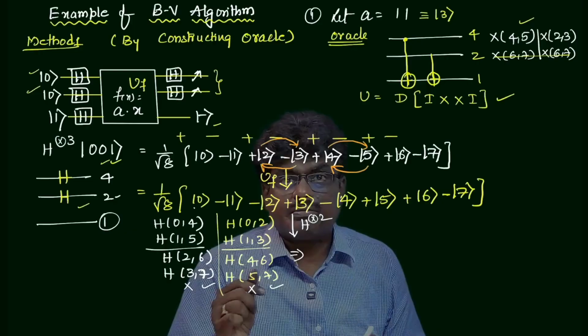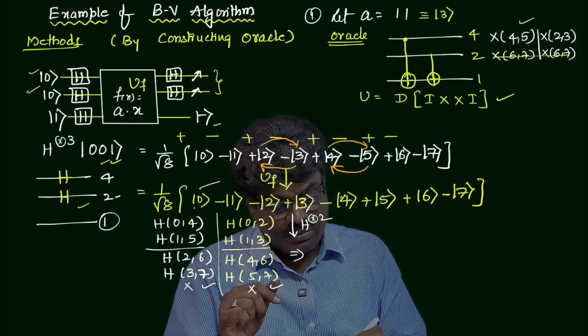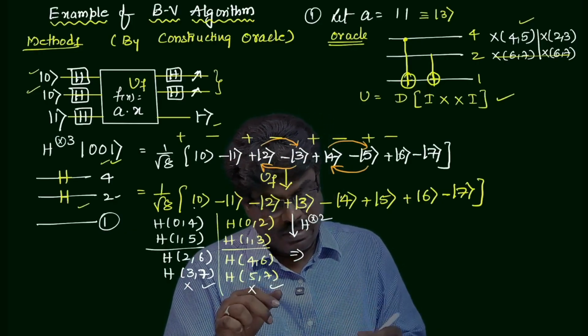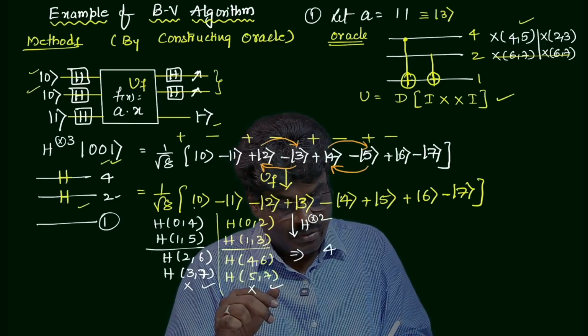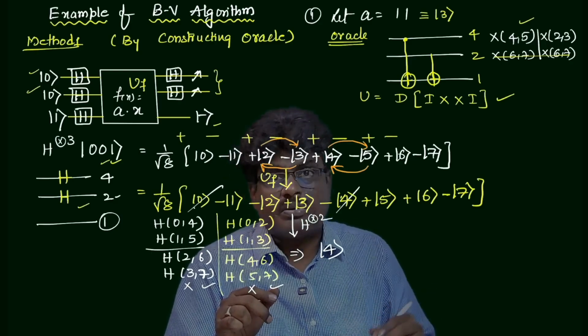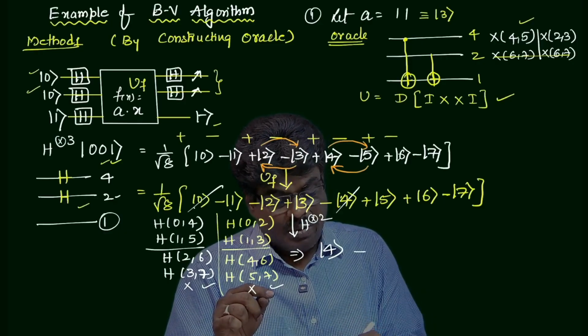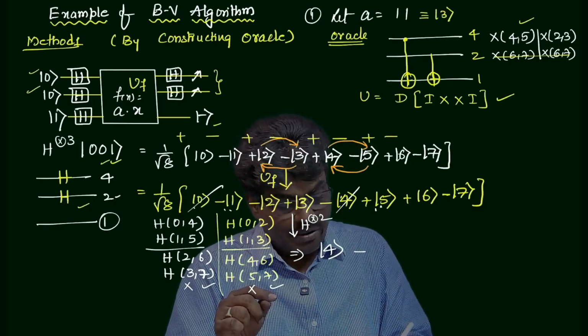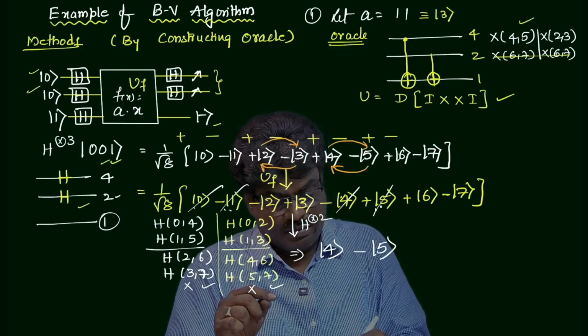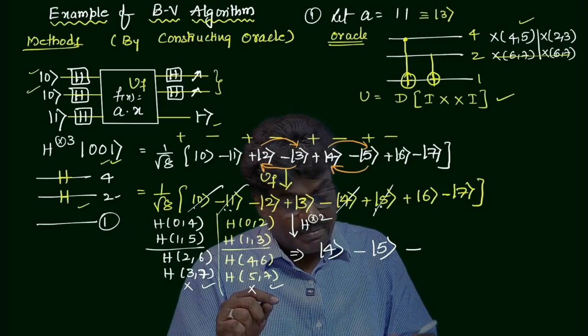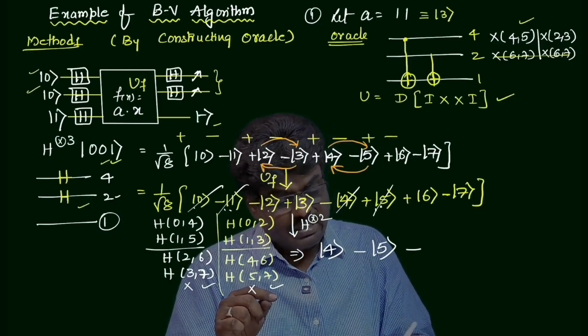So 0 minus 4 is nothing but on, that's why it is 4. Please cancel this 0, 4. Next, I am taking minus common, then it is 1 minus 5. 1 minus 5, again on, 5.